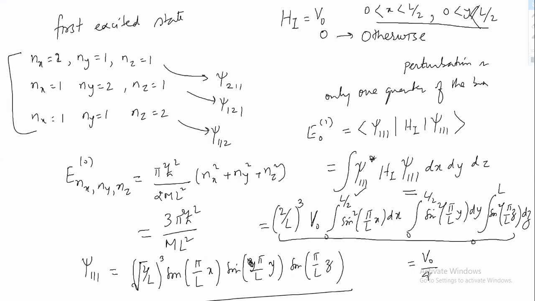Therefore, the first order correction to the energy when you have raised the well by V naught up to L by 2 in the region of X and Y, so overall you have only raised a quarter of the well, the change in energy would turn out to be E0 plus 1 by 4 V naught.